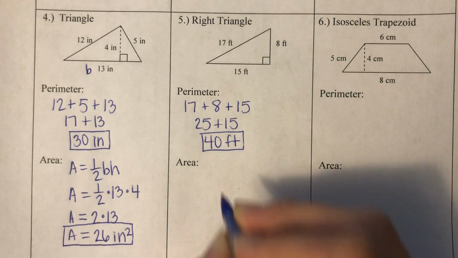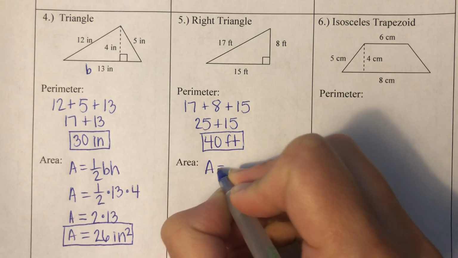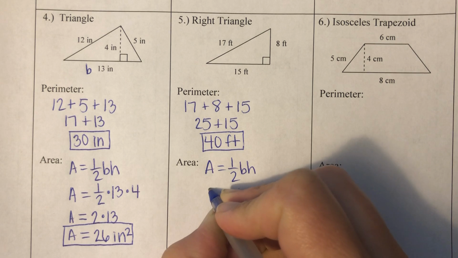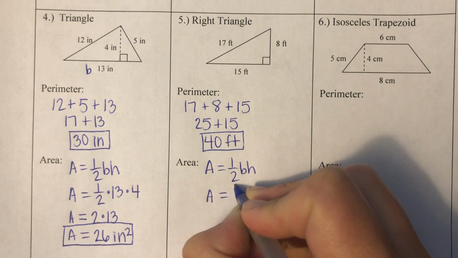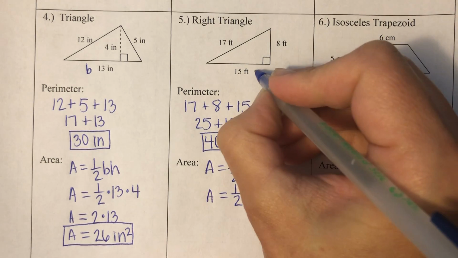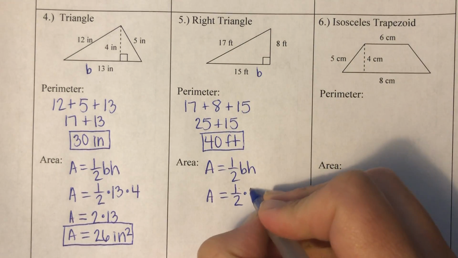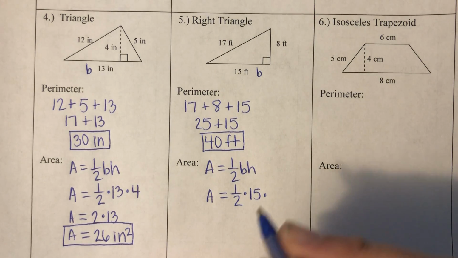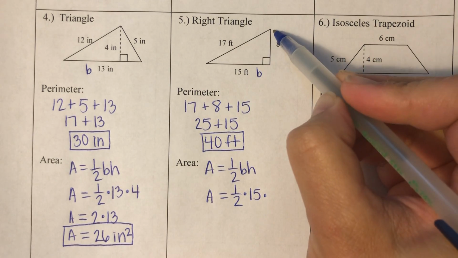Area, it's still a triangle, so we're still using 1/2 base times height. Bring down that 1/2 times base along the bottom again. There's that 15. Height, how tall it is, that straight up and down.